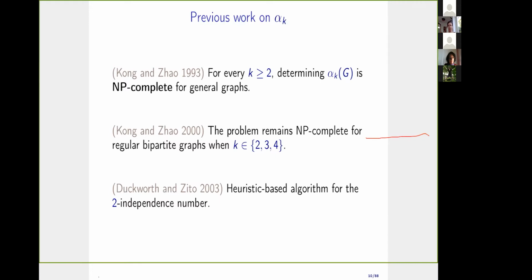From the algorithmic point of view, there is also a result which presents a heuristic-based algorithm for calculating 2-independence numbers. What I want to show you with this slide is that this is a hard problem. People from the algorithmic field have been trying to approach it, but there is only a heuristic out there, so it's not very optimistic somehow.